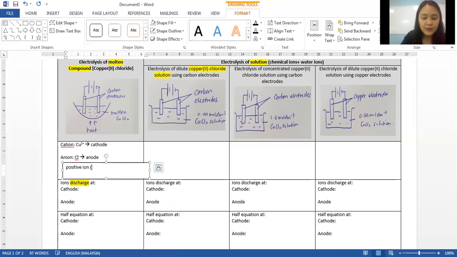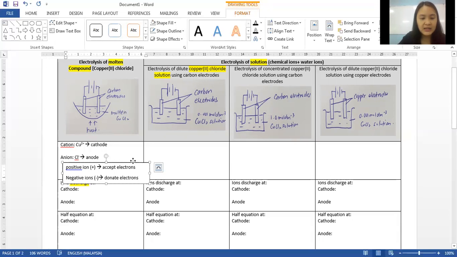If you're talking about positive ions, those that carry a positive charge, they will normally discharge by accepting electrons. However, if you have negative ions, one that carries the negative charge, it will discharge by donating the extra electrons.